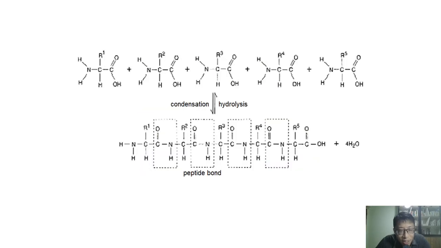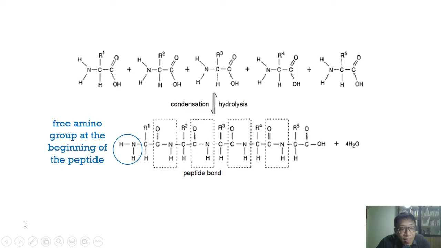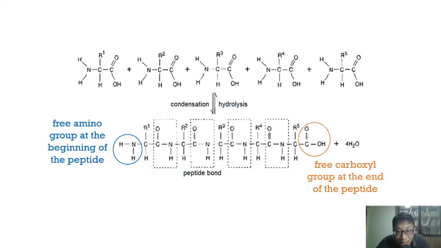Here is another diagram showing the formation of 4 peptide bonds, which I have circled or labeled, between 5 amino acids. So there's the loss of 4 molecules of water because 4 peptide bonds were formed. There's again the free amino group in the beginning and the free carboxyl group at the end.